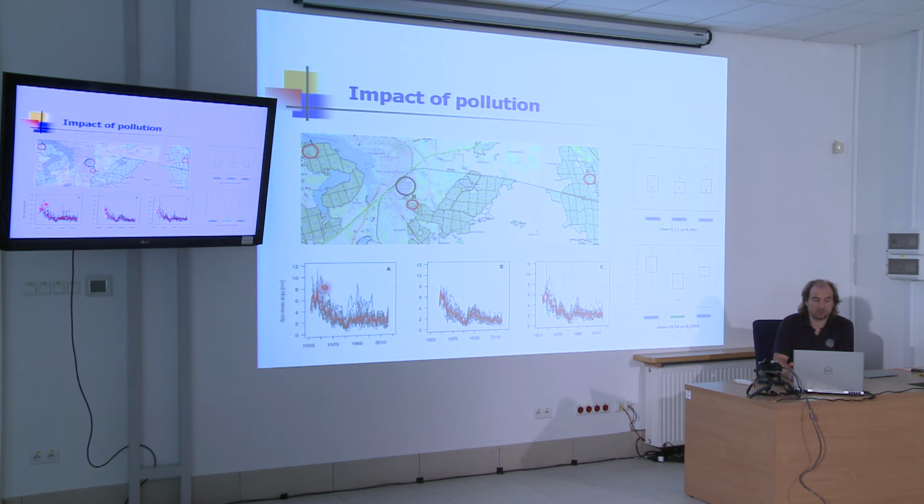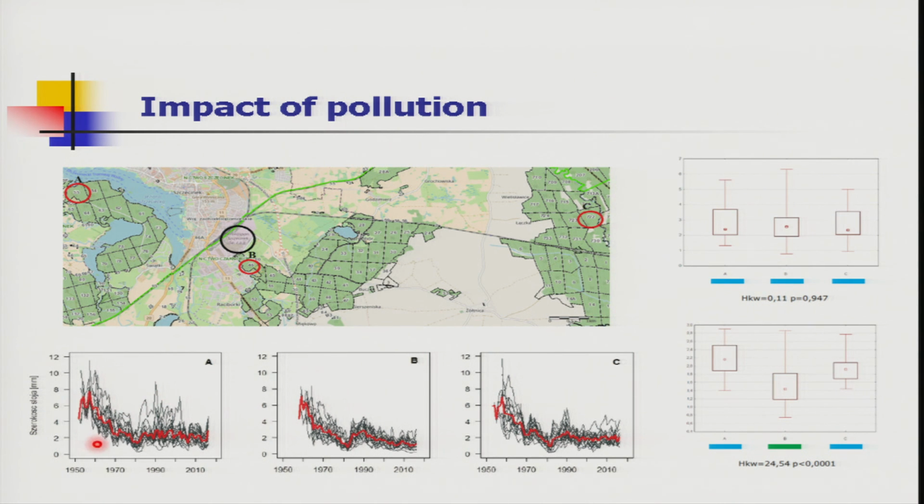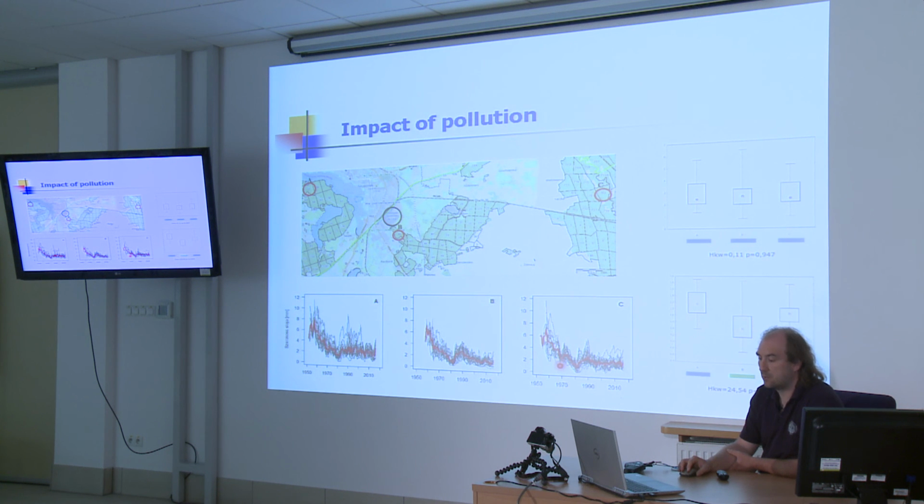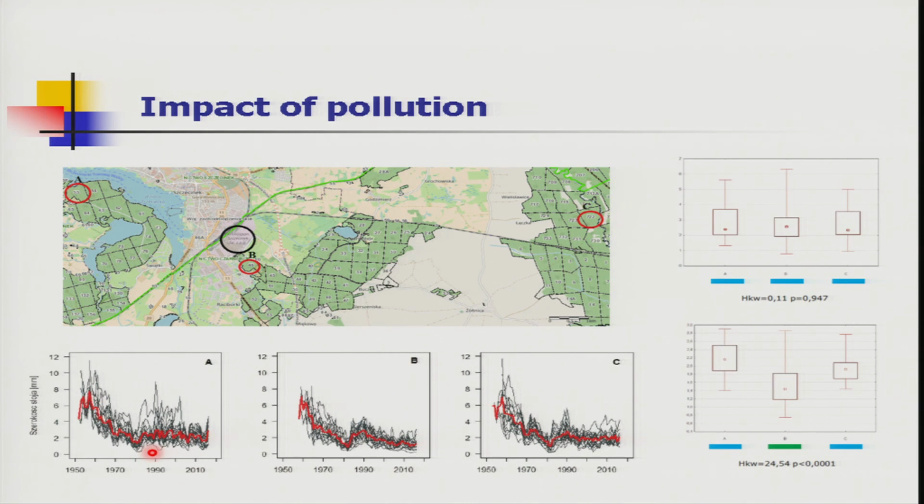And here on these lower panels you can see the growth curves on these 3 sites, and the red one is the average chronology, row chronology for these sites, and we can see that more or less B and C sites, so these assumed to be contaminated, polluted, they exhibit similar curves of the growth.